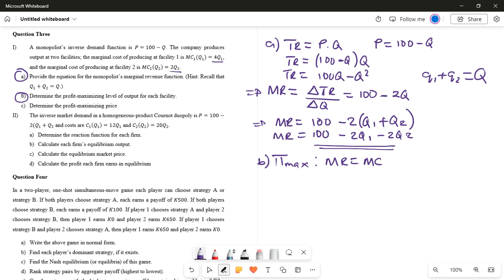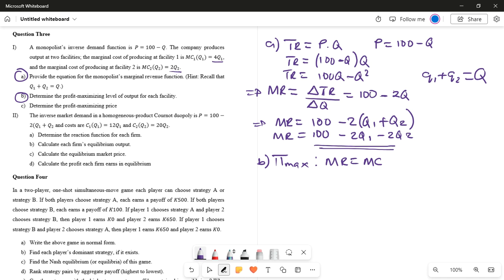Therefore, what we're going to do is to get the marginal revenue function and equate it to the marginal cost of firm number 1, so that we can get firm 1's function for its profit maximizing output.